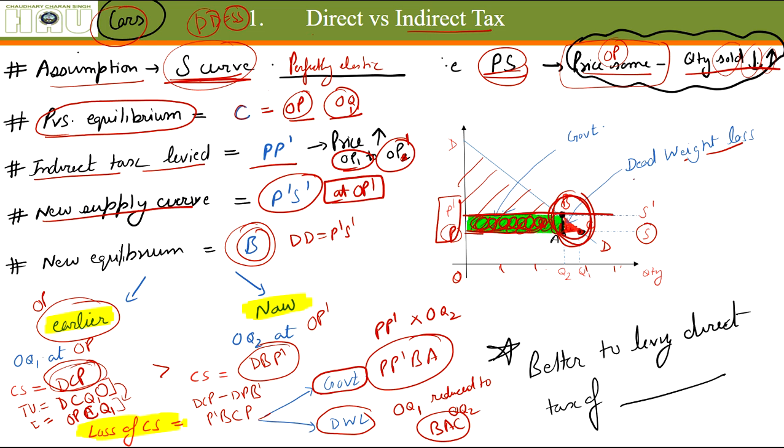So there is a loss of welfare due to indirect tax. Therefore, it is better to levy a direct tax of P dash BA. This much could have been collected from the consumers directly, which would have saved us from the additional consumer surplus loss of BAC. This could have been saved. Alright.